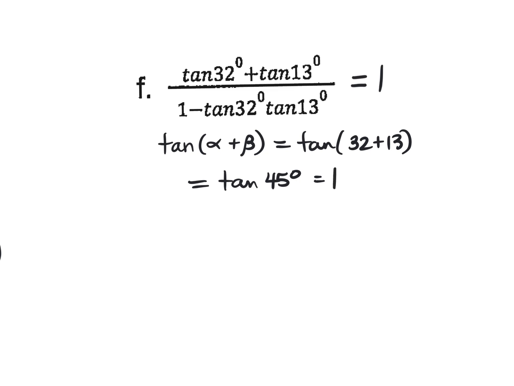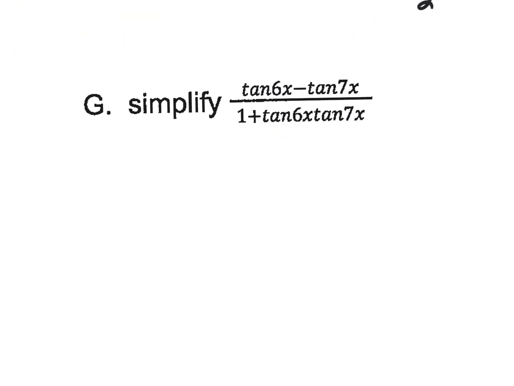I got that too. Now, try G. Simplify. 6x. Yep. You will not be using your unit circle for this one. Keep going. Put it back together like it needs to be.